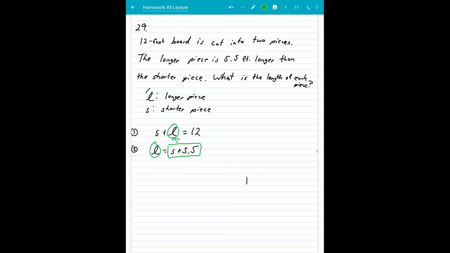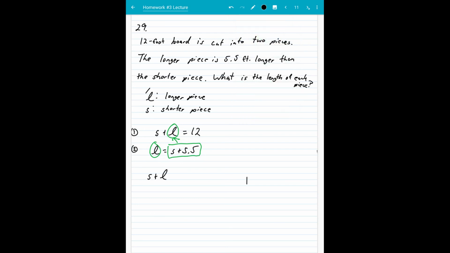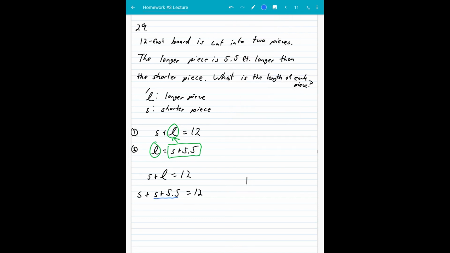It doesn't matter which one I pay with, they're the same thing. So here they're the same thing. L and S plus 5.5 are the same thing. So instead of putting S plus L equals 12, we're going to put S plus 5.5 plus S equals 12. Right here, that was our L. Change the L to S plus 5.5.